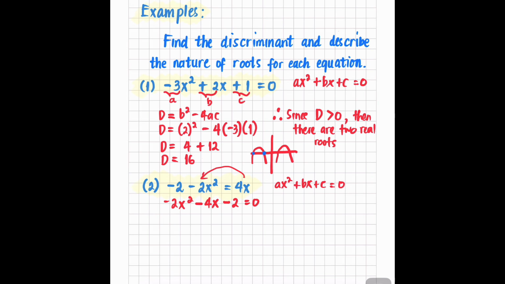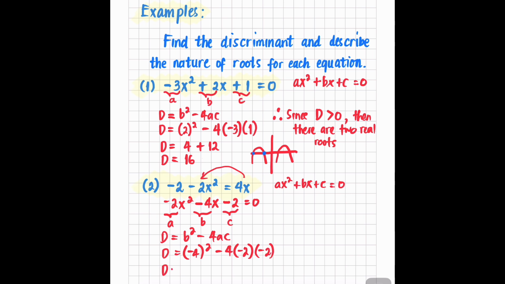From here, we can see the value of a is negative 2, the value of b is negative 4, and c is negative 2. And then we're ready to calculate the discriminant. So d is equal to, plug in negative 4 for b, so that's negative 4 squared, minus 4, and a is negative 2, c is negative 2 as well.